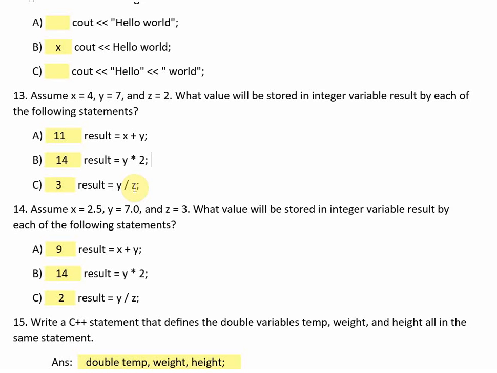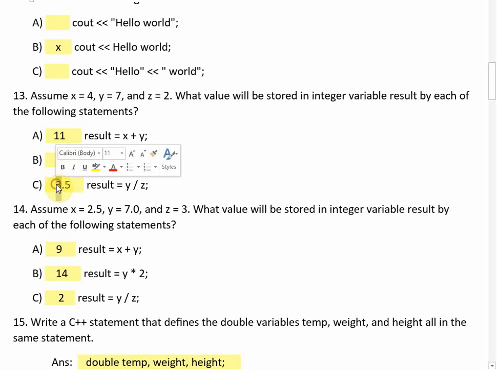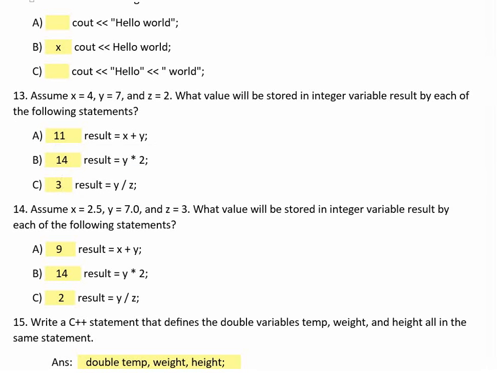But in programming, the compiler divides integers, those whole numbers, differently. What it does is it divides them, but it only gives us the whole number portion. Because technically this is 3.5. The whole number portion is 3. And so it will only return 3.